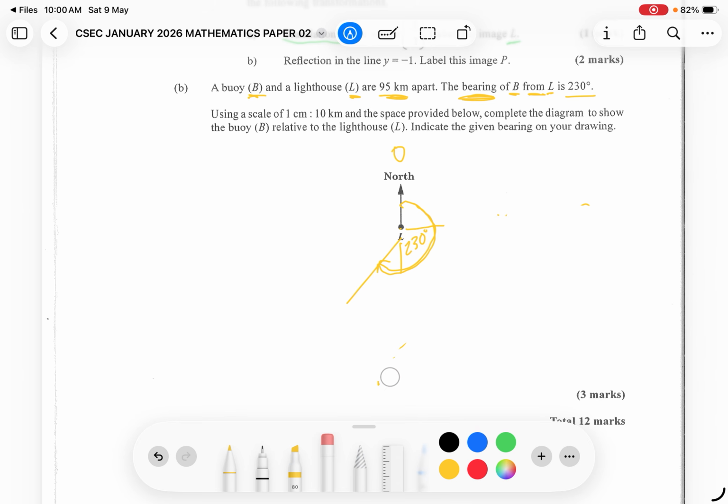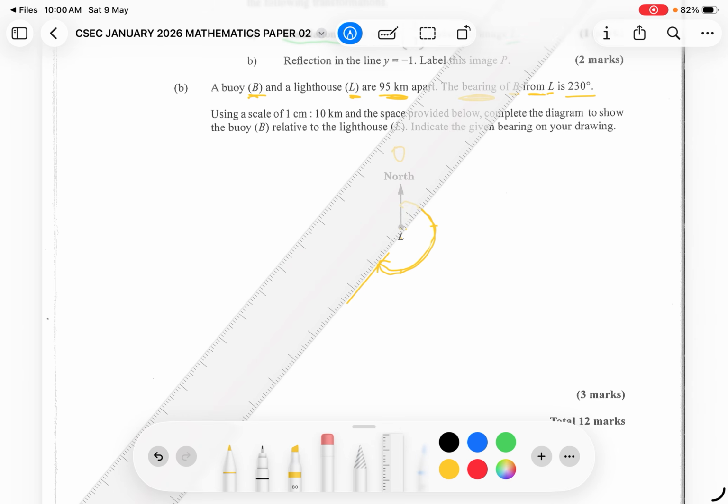So I need to know how many centimeters will indicate 95 kilometers. So we say 1 to 10. I need 9.5 centimeters, because if 1 centimeter is 10 kilometers, half of a centimeter would be 5 kilometers.